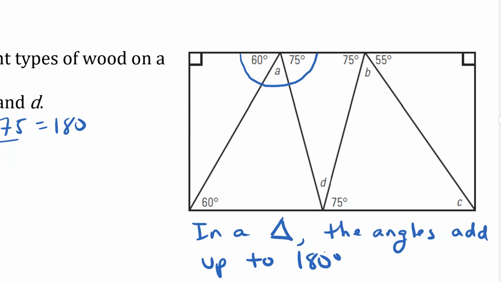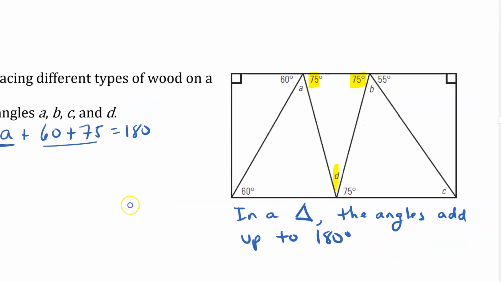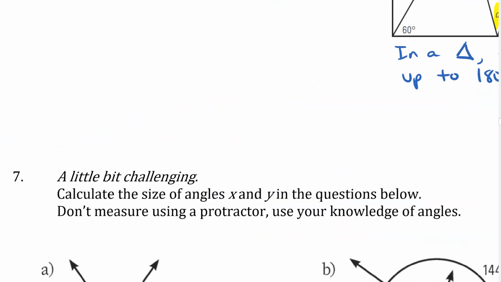So looking at D, I've got a 75 here, and I've got a 75 here, and I've got D over there. So D plus 75 plus 75 equals 180. So that's another way you can figure out what D is. So those are the two ideas behind it. Okay, so that's question number 6.